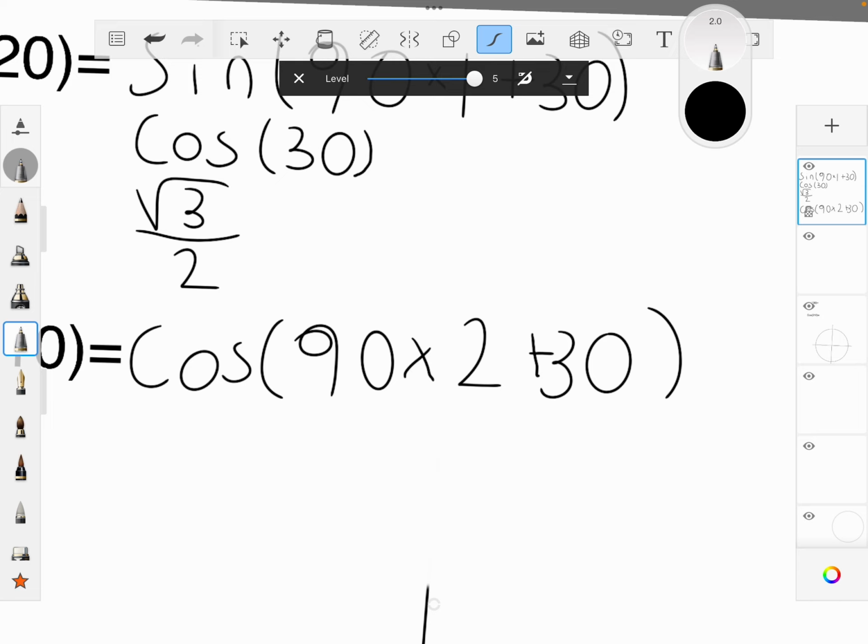But now we need to cancel out the 180 degrees. But that's easy because there are already two 90s. So they both cancel out.